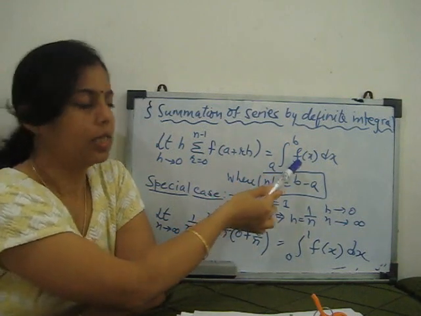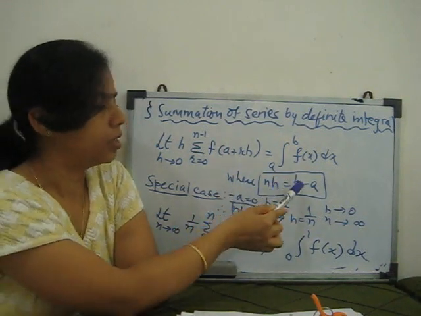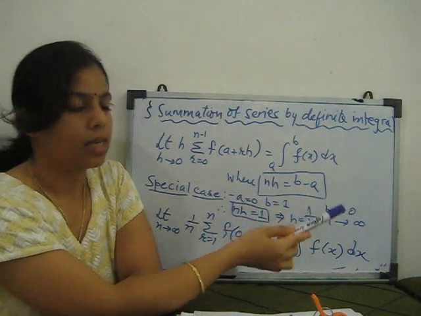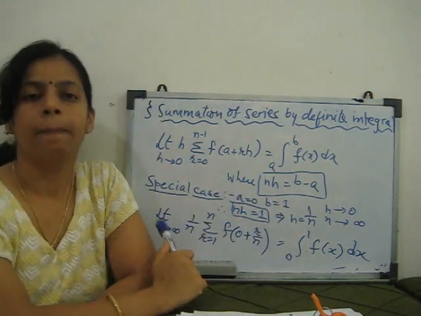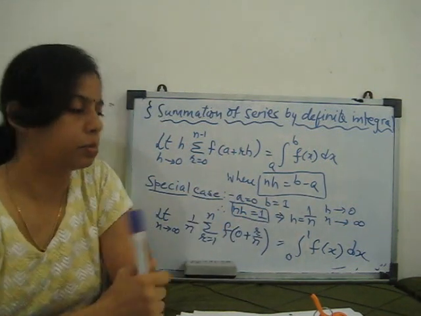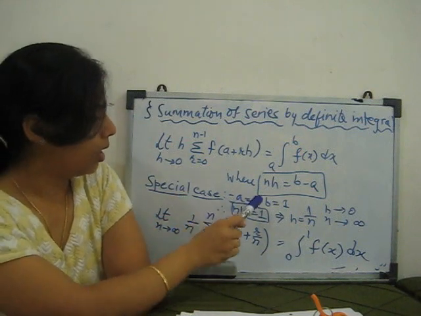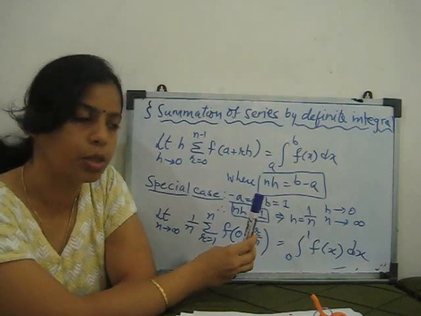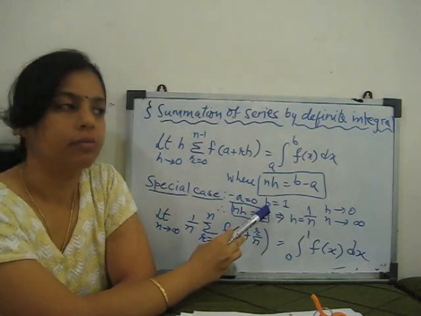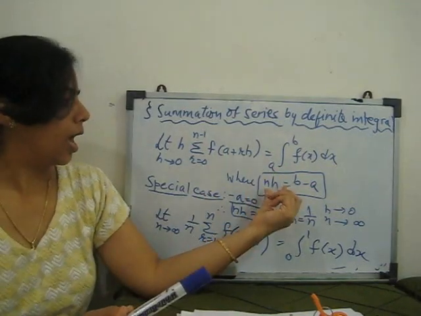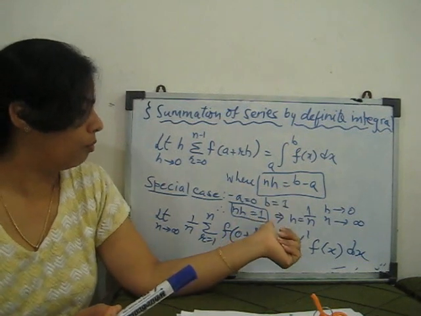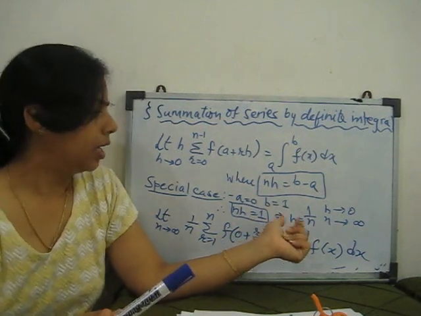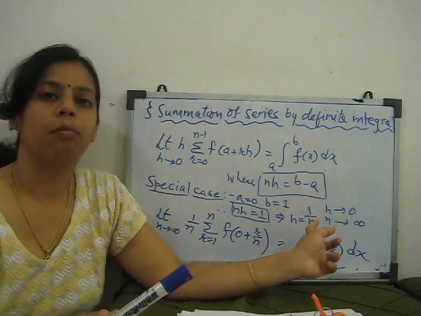This is the integral where nh is equal to upper limit minus lower limit, meaning b minus a. If we consider one very special case, if a is equal to 0, meaning the lower limit of the given integral is 0 and the upper limit is 1, in that case nh is equal to 1. If nh is 1, it means h is 1 by n.